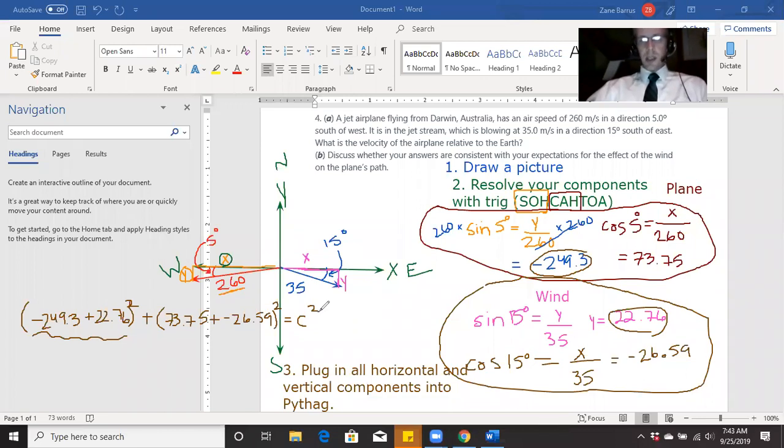Now you can use algebra to figure out what c is. I'm going to do that real quick. Negative 249.3 plus 22.76, squared, I get about 51,320. I'm going to add that to the second parentheses, 73.75 plus negative 26.59, squared, and I get 2,224.